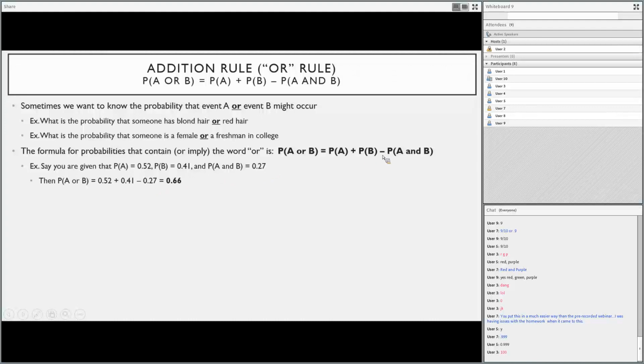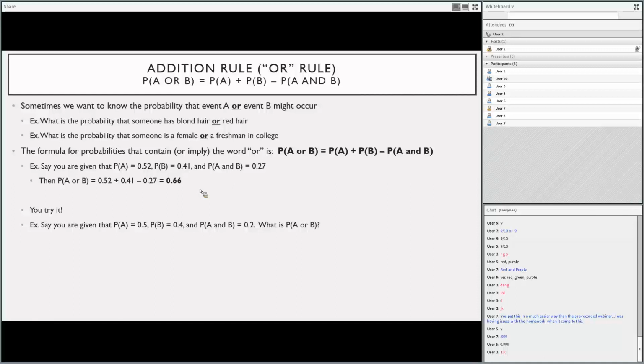Probability of B is 0.41, so that goes second. Probability of A and B is 0.27, so that goes last, and we put in the appropriate plus, minus in the right positions, and we work it out on the calculator, and we get that the probability of A or B is equal to 0.66. So it's really just a plug and chug kind of question that you will see in the homework.